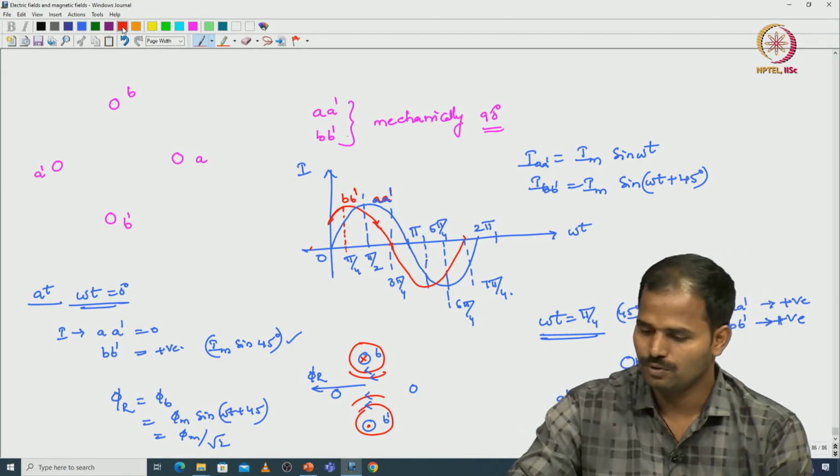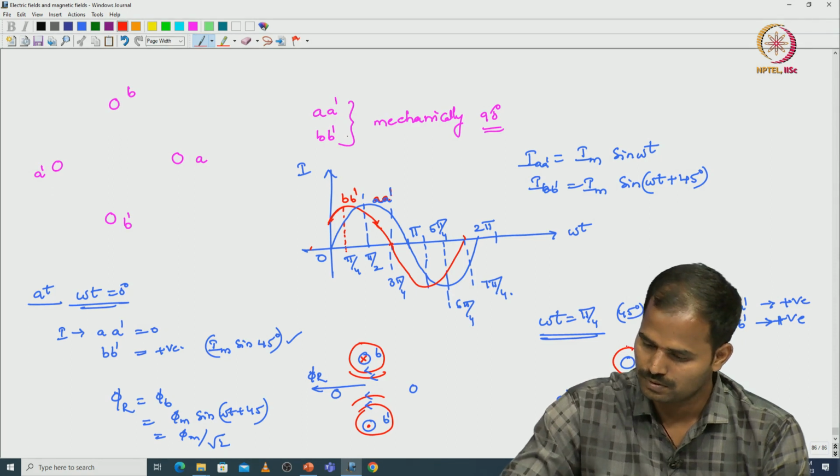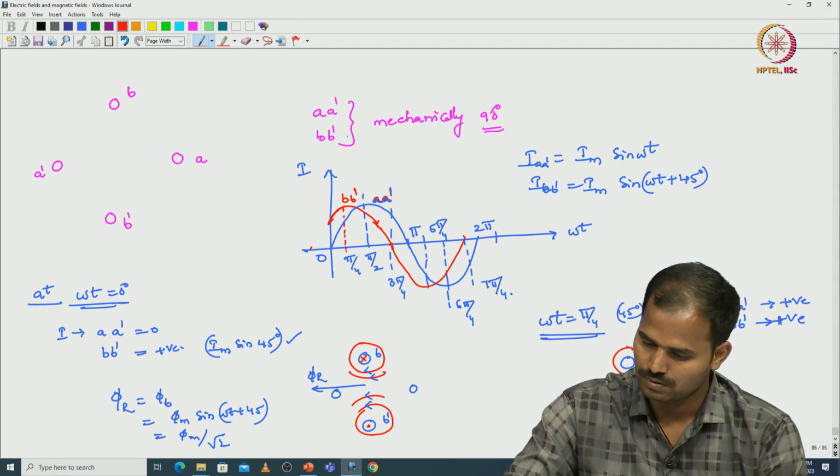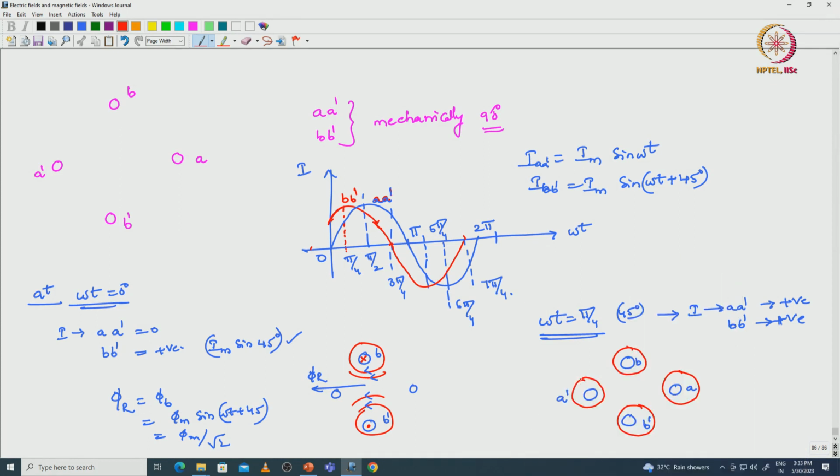So, draw the flux loops. For B it is a cross, for B dash dot, for A it is cross, for A dash it is dot, and the direction will be, for cross clockwise, for dot anti-clockwise.